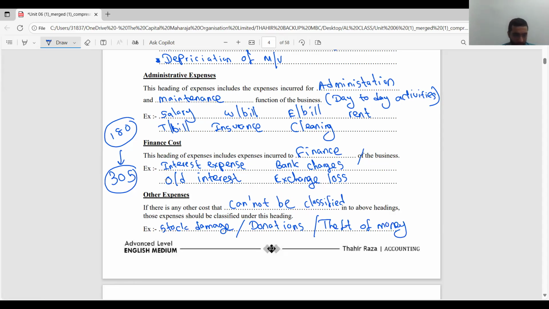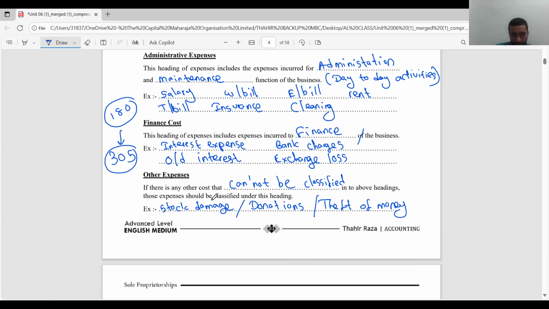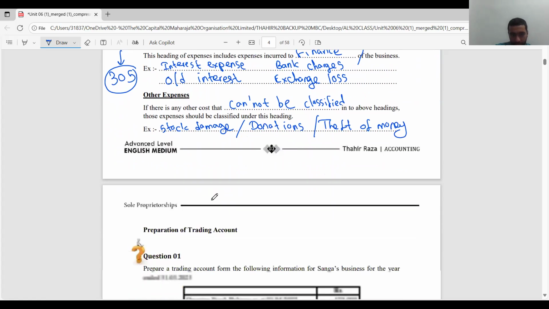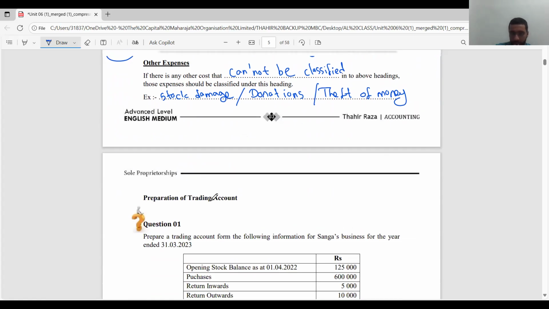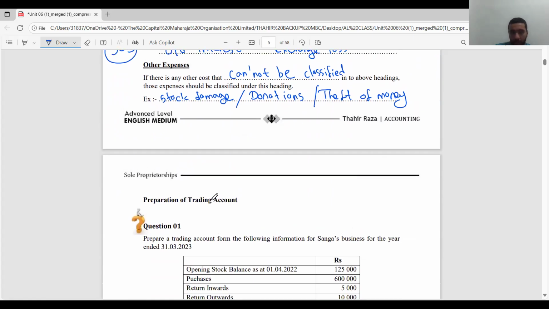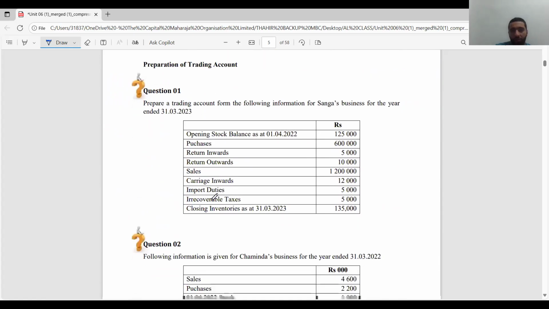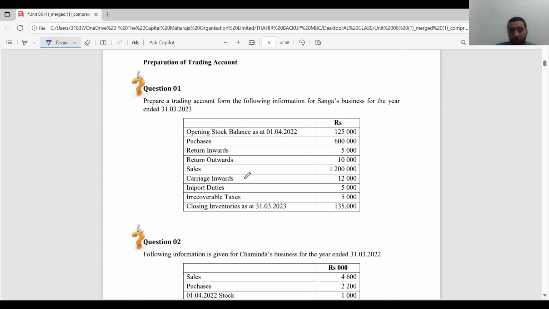These things you have to recognize under other expenses. Okay, done. Complete. I hope you all have finished copying down.